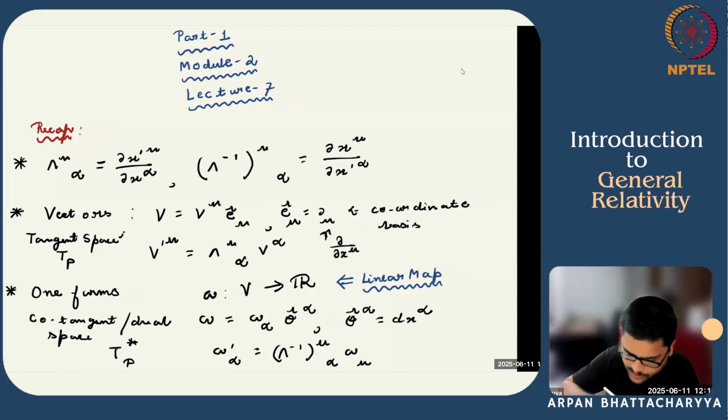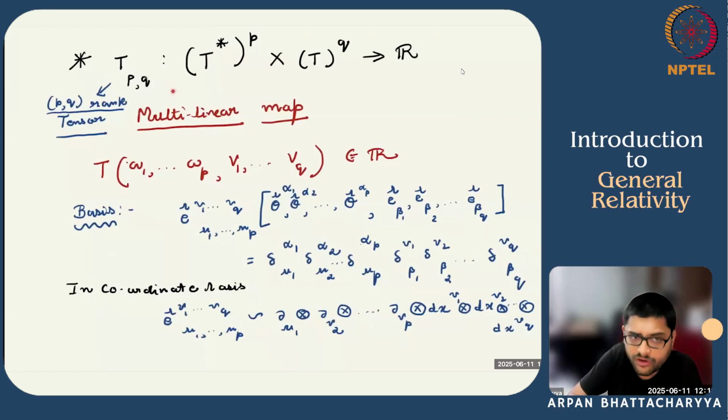So let's do that. Our tensor of rank P comma Q is nothing but a multilinear map which takes P one forms. Remember, the one forms are elements of this dual space which is denoted by T star, and there are P of them, and then it also takes Q number of vectors which are elements of this vector space which is denoted by T. So there are Q number of them, and then it gives a real number.